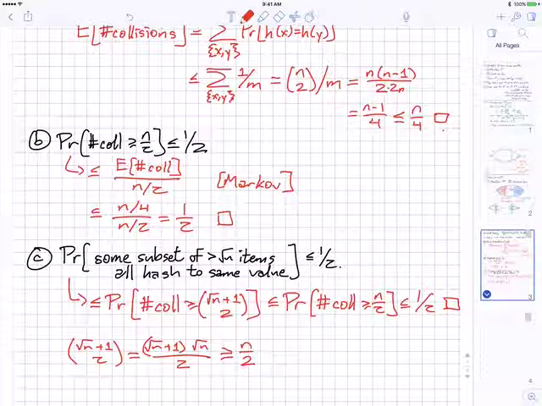And then because this number n over 2 is actually slightly smaller than square root of n plus 1 choose 2, if I say the probability the number of collisions is at least this, let's call this number x, that has to be less than or equal to the probability that the number of collisions is bigger than this number that's slightly less. Right, as I say, what's the probability that I'm above this bar? Well, that's less than the probability that I'm above this lower bar. Okay.